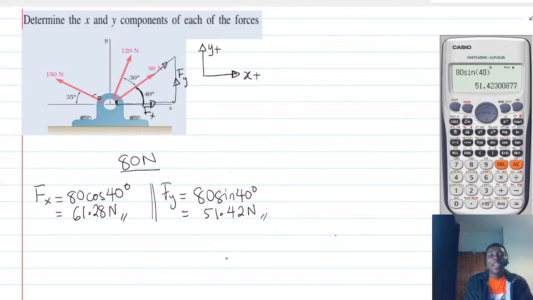All right, so we have the x component, we have the y component of the 80 Newton force. Now, let's move to the 120 Newton force. So we are done with the x and we are done with the y.